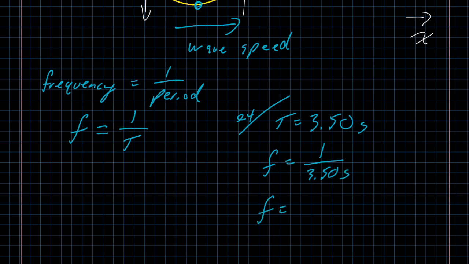My calculator is happy to tell me that 1 divided by 3.50 is 0.286. And then my units are 1 over second.